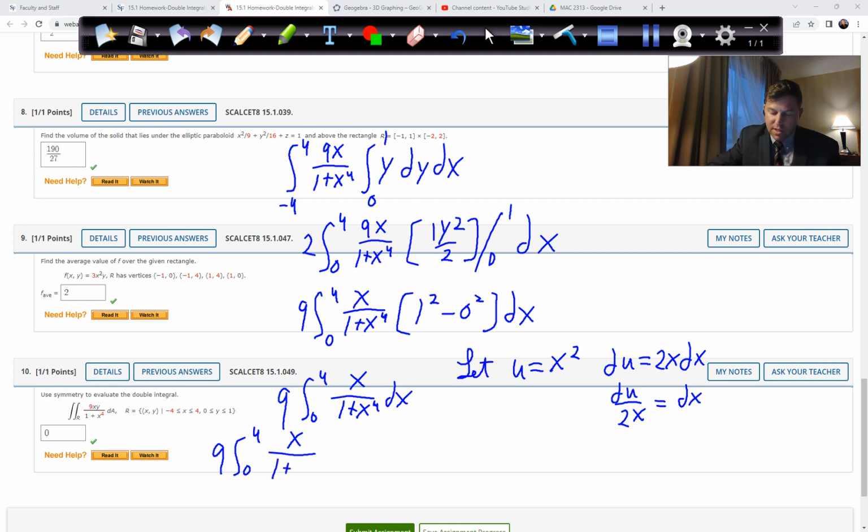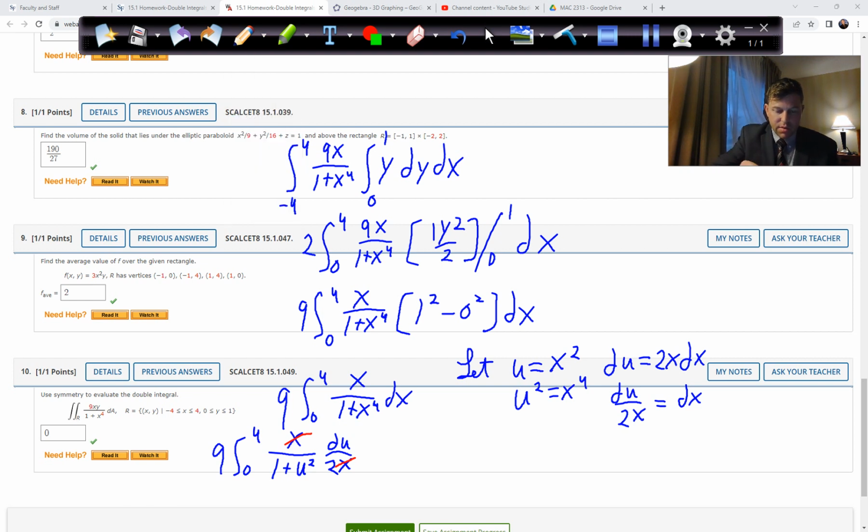Well, if u is x squared, then u squared is x^4. So this is really u squared. And then dx is really du over 2x. I have to get all x's to go away.